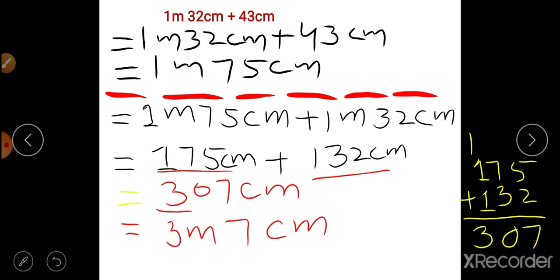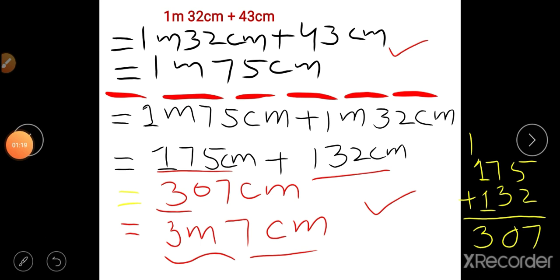So the total height of Jack and his father is 3 meters and 7 centimeters. So here we have gotten our answer. That is our second step, and this one is our first step. For question number 5 also you have to do a 2-step word problem. So let's check whether our answer is correct or wrong.